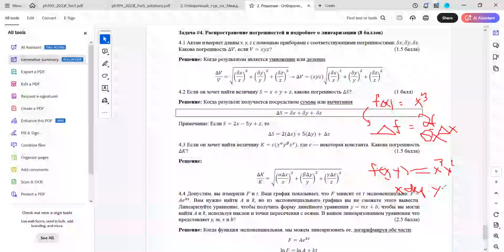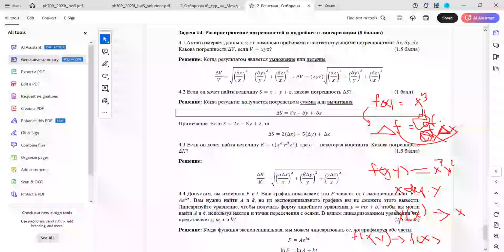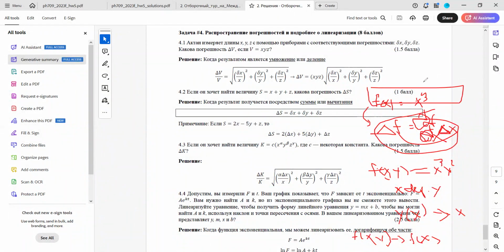If x depends on y, you can write y as a function of x and convert everything to x. So f of x, y can be written as f of x, and you do the normal derivative, dx and delta x become linear. This is for such cases, x cube, whatever, just one single variable.